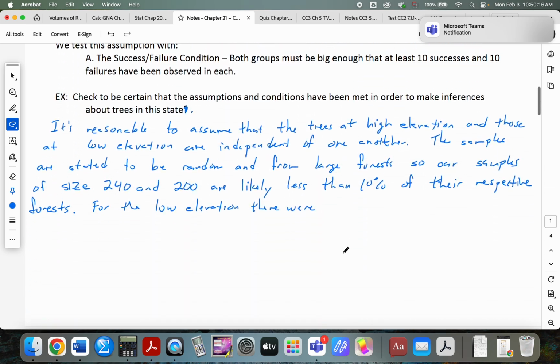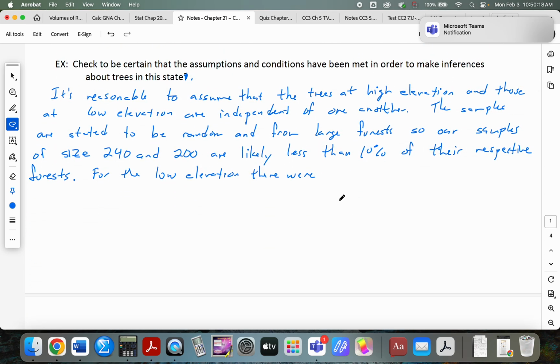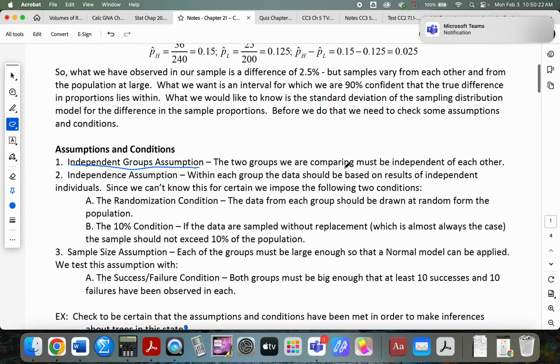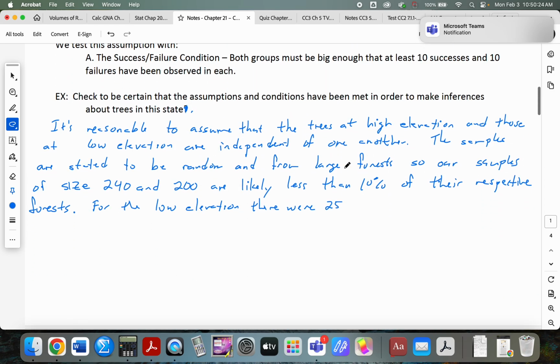Low elevation 25 successes. I think that's high elevation. Oh, yeah, you're right. Okay. 25 successes, and therefore 175 failures.